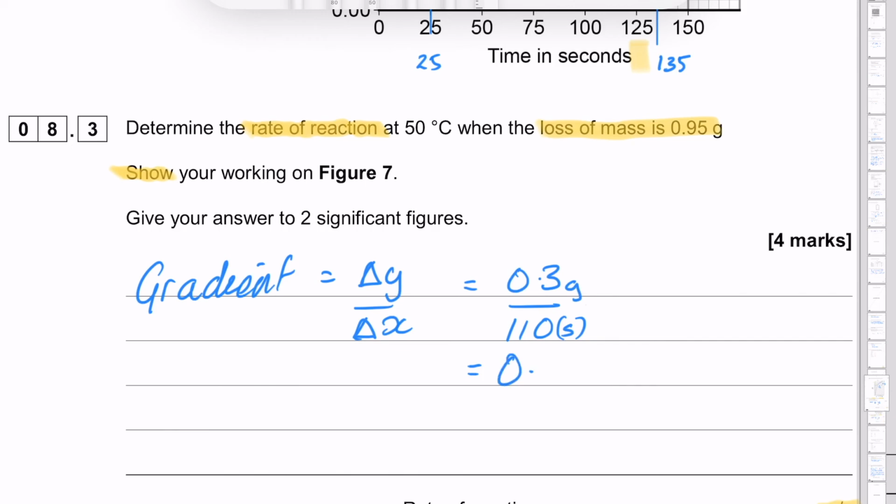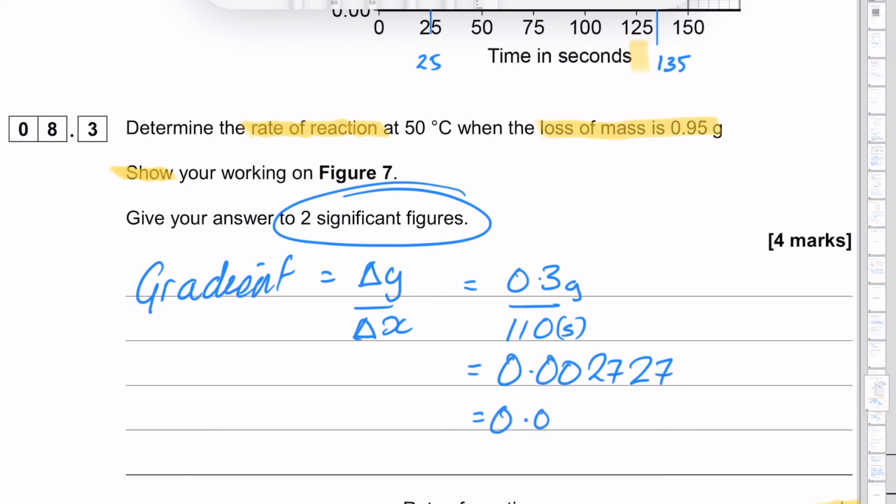The answer is 0.002727, etc. We only need two significant figures though, so it's 0.0027, or I can write it as 2.7 times 10 to the minus 3 grams per second. Whichever you prefer, both are correct.